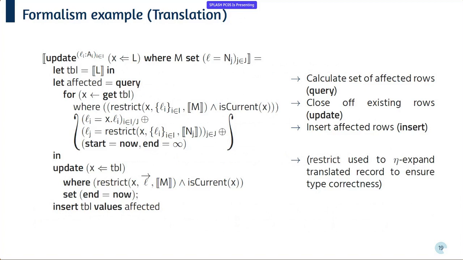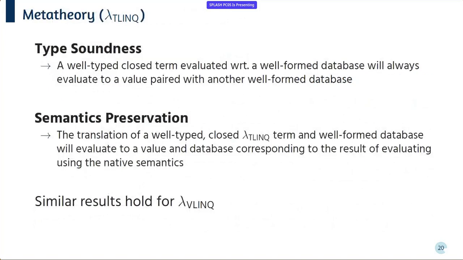Then we're updating the previous rows, setting their end period to now, so they cease to be current. And finally, we are inserting the things that we calculated up there. This allows you to prove a semantics preservation property, saying that the non-temporal semantics can simulate the temporal semantics. Also, we get a strong type soundness property, and similar results also hold for VLINQ.